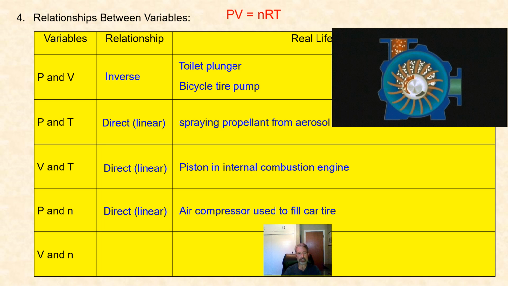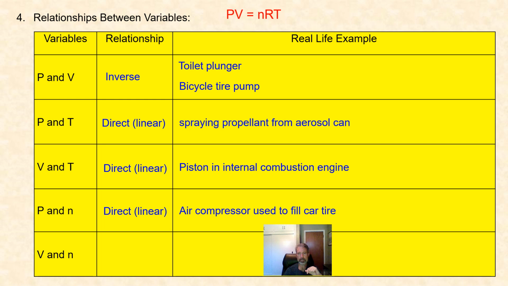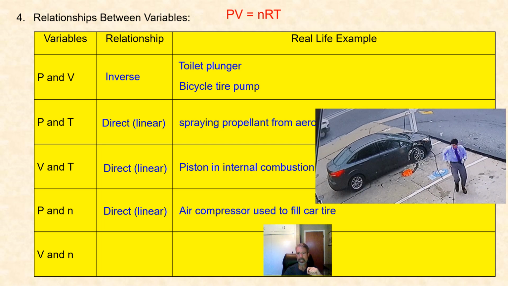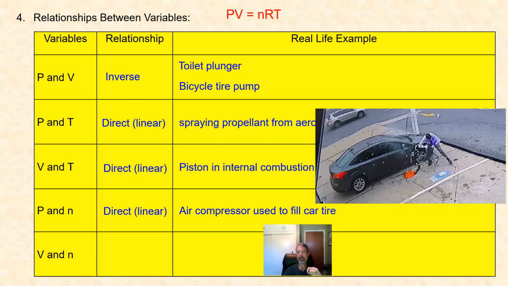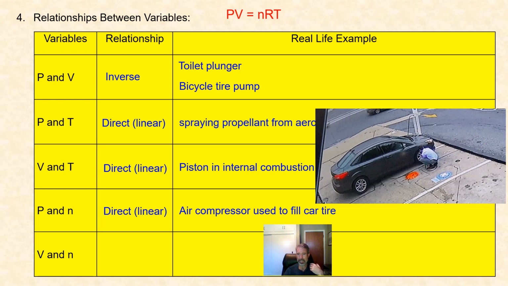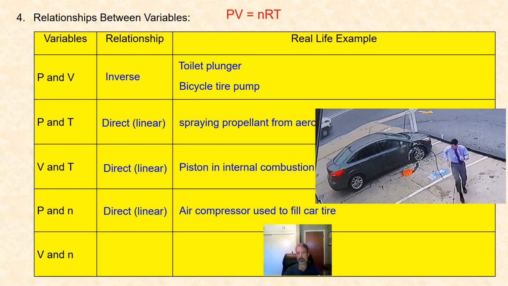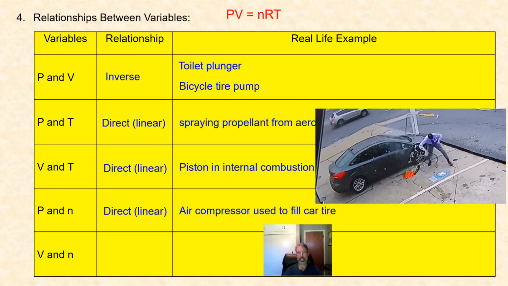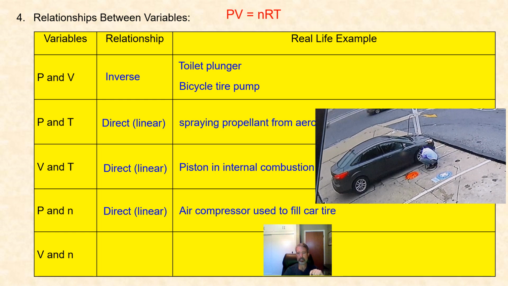So you're increasing the amount of the gas, the amount of air, that causes a pressure increase. And certainly here, as you can see, this poor man finds out that using that compressor to add more air to the tire causes an increase in the pressure of the tire.